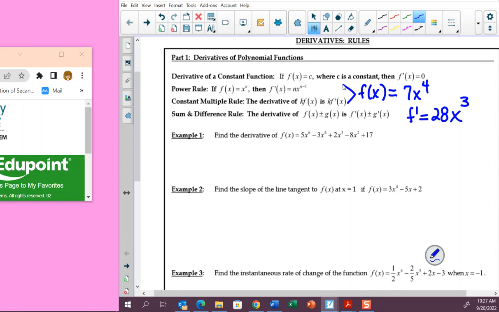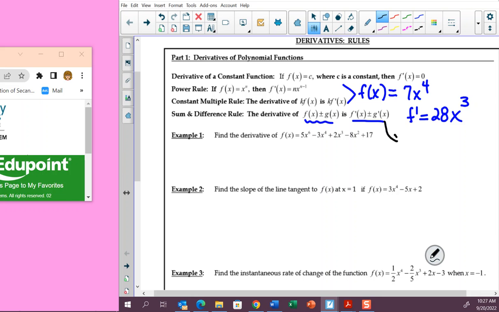Two more shortcuts, and we're basically in the position to take the derivative of any polynomial, not just a monomial term, but any combination of monomial terms. Because we also have the sum and difference rule that says, hey, if you've got a sum or difference of polynomial terms, the derivative will be the sum and difference of the derivatives.